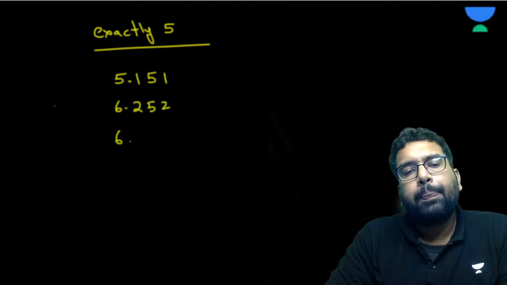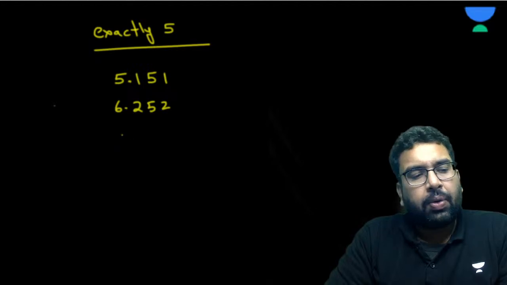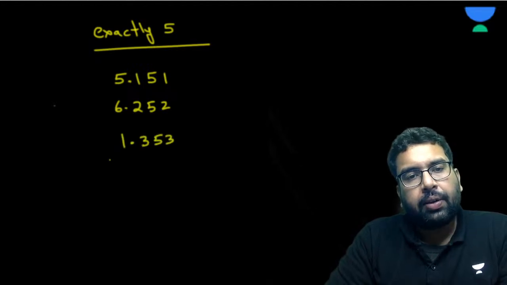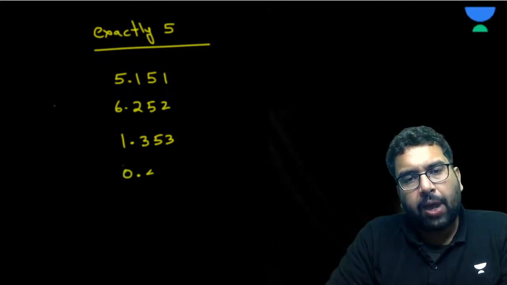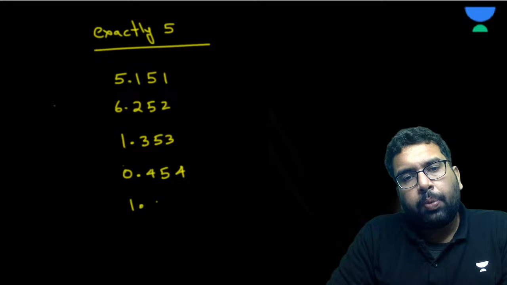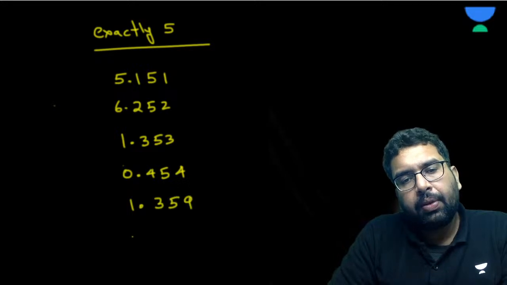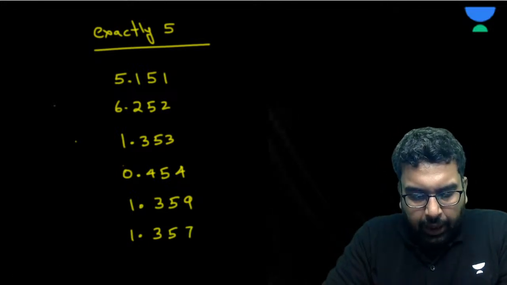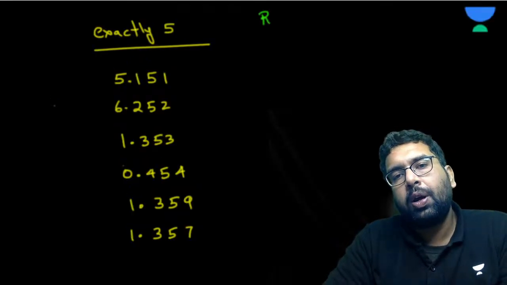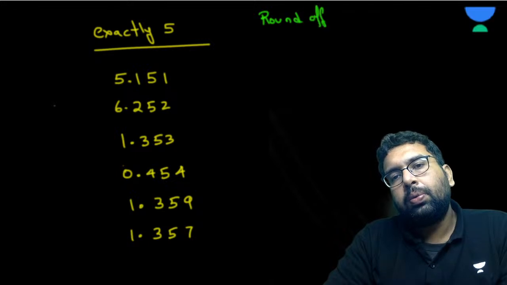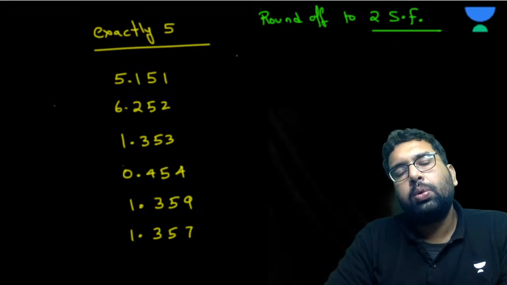You can write any number: 1.353, 0.454, 1.359, 1.357, anything like that. Now in this you need to round off to two significant figures.